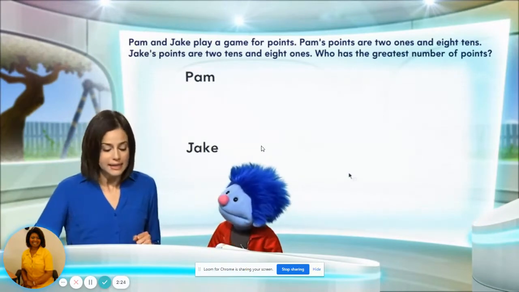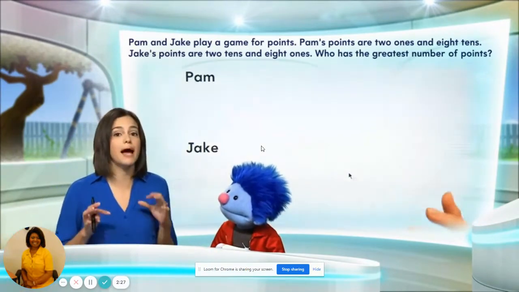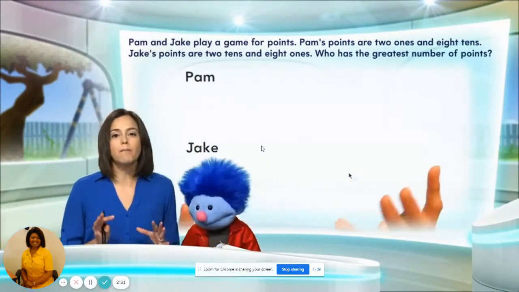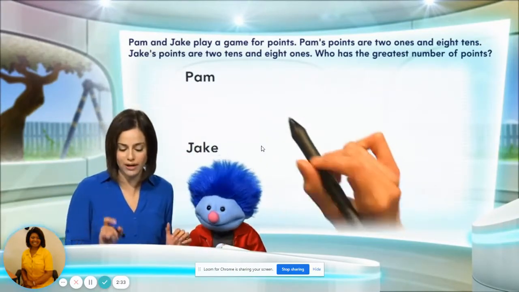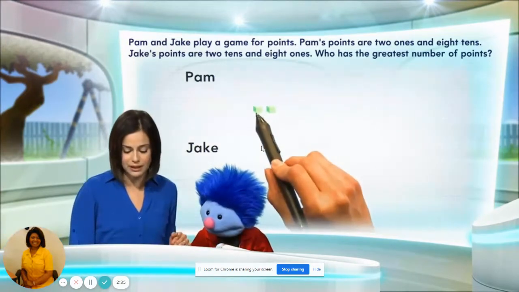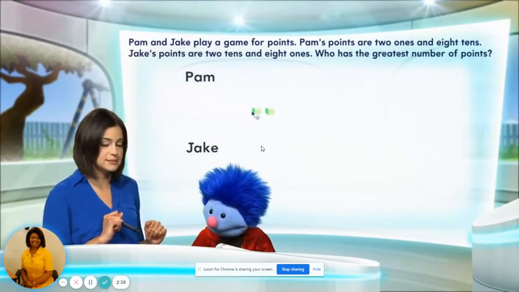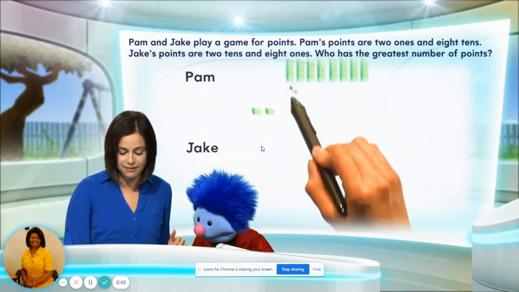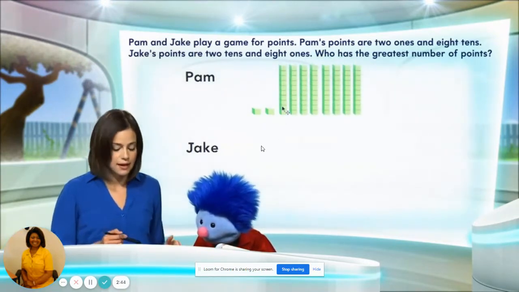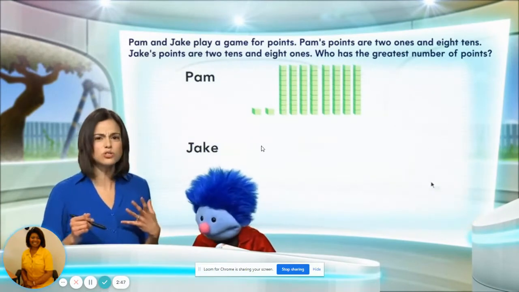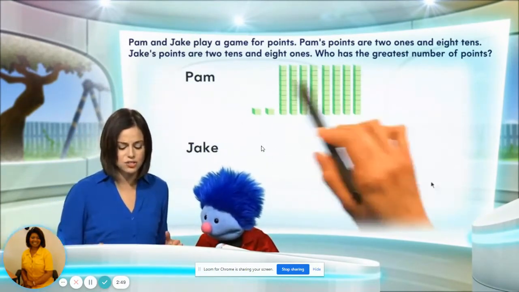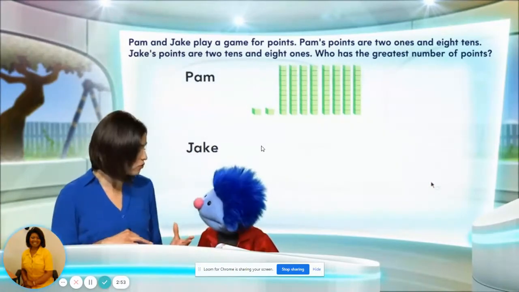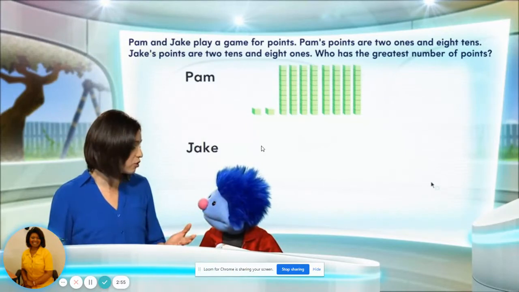Oh. Well, let's go ahead and demonstrate Pam's points using base 10 blocks. Okay. So Pam's points has 2 ones. We're going to bring in 2 ones. Hey, And 8 tens. Here we have 8 tens. Now, it's a little strange to organize our base 10 blocks like this because the tens come before or come in the left side of the ones.